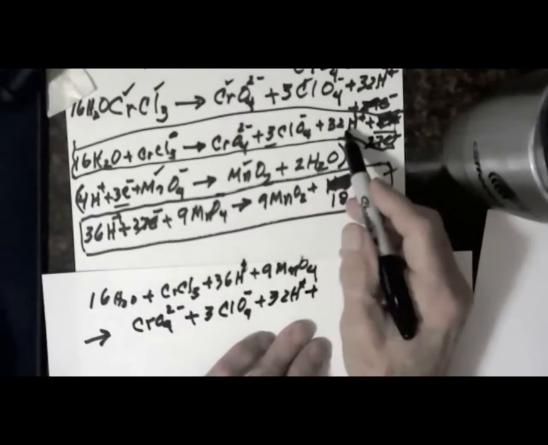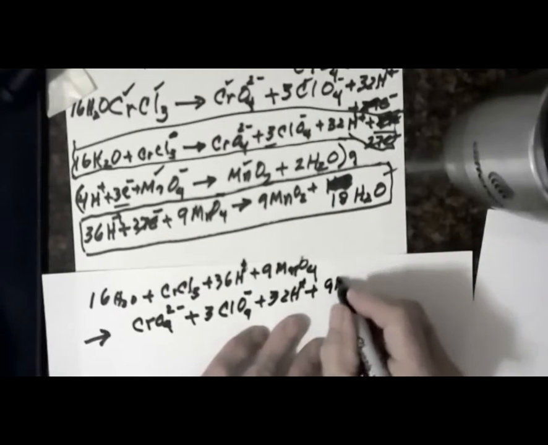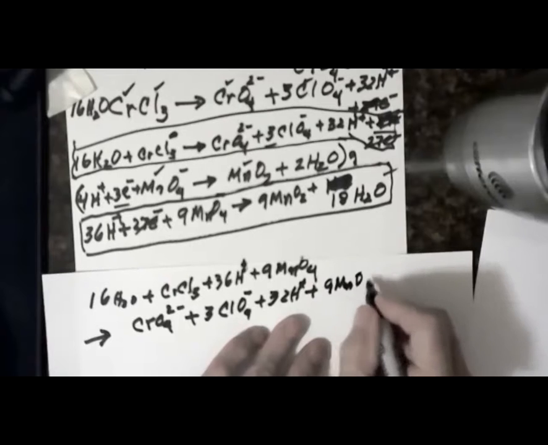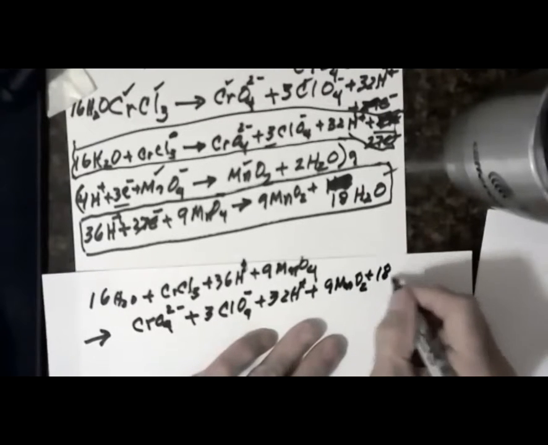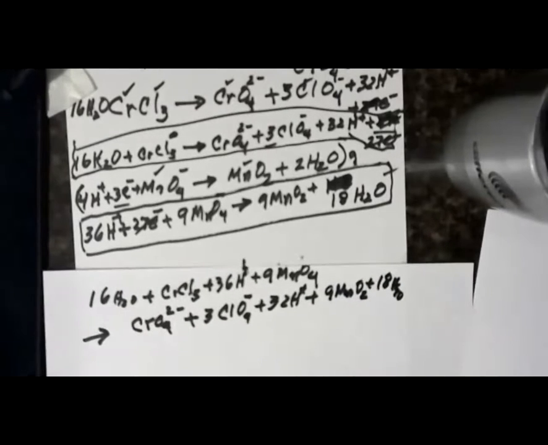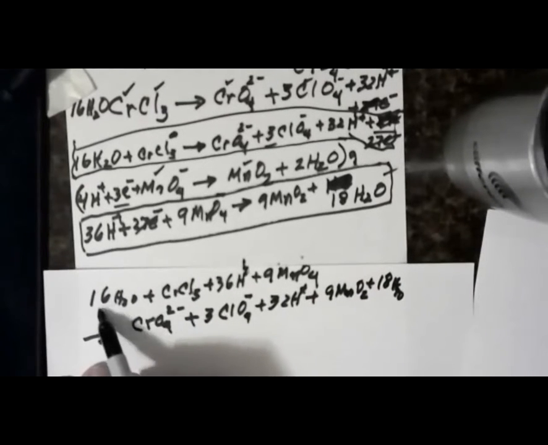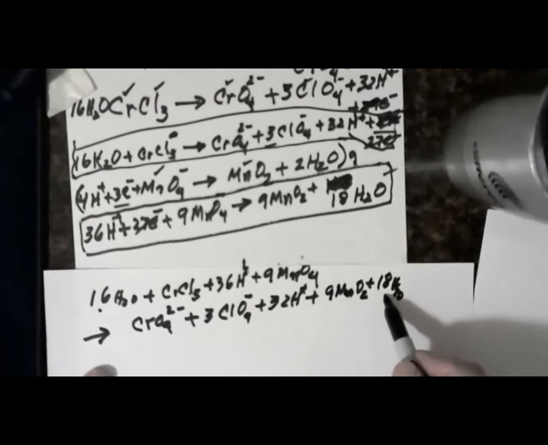All right, so that takes care of this reaction. I have 9 MnO2s and 18 H2Os. Okay, well, all right, let's see. So I've got 16 waters on the left and 18 waters on the right.